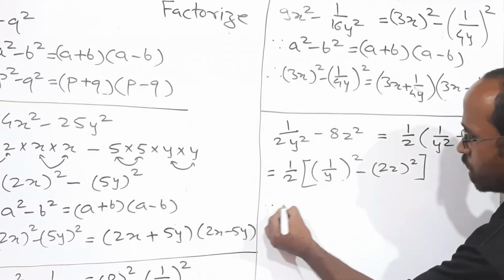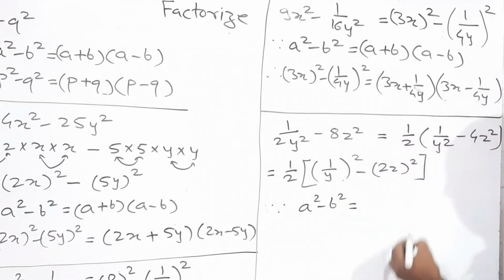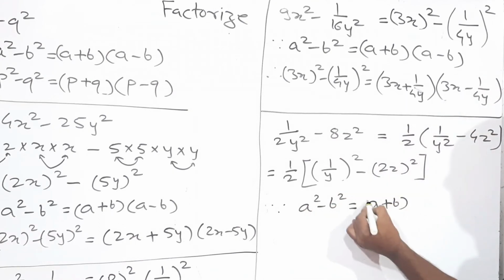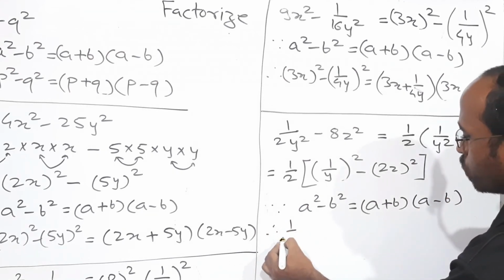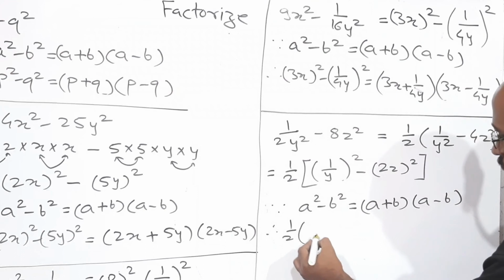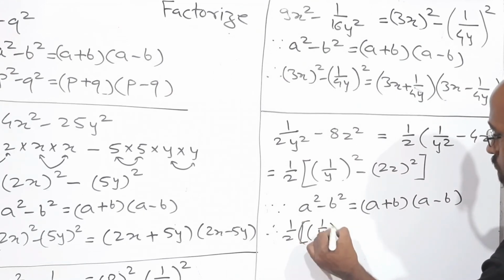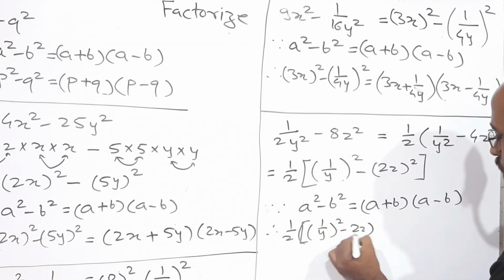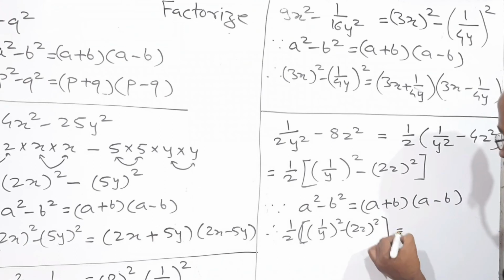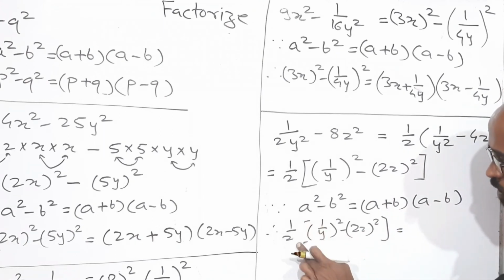So let's write the formula. If a square minus b square is equal to a plus b into a minus b, then 1 upon 2 multiplied by 1 upon y square minus 2z square is equal to, we are going to use the formula on this much part only, right?